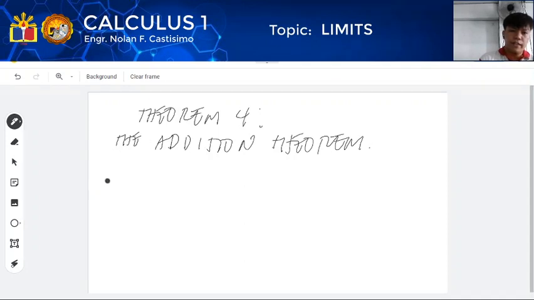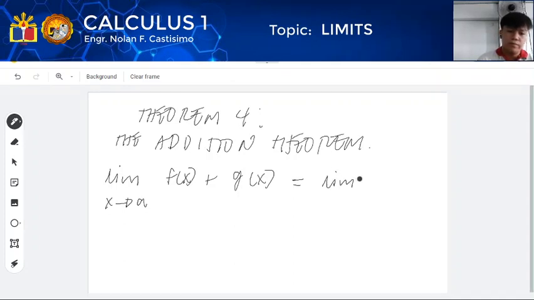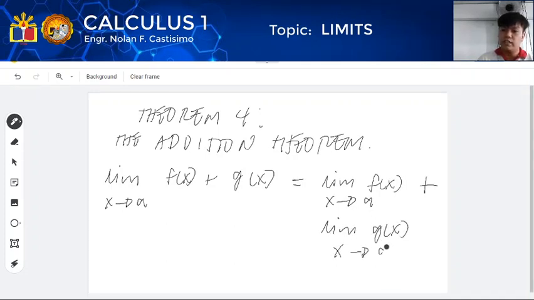So, formula natin, the limit of f of x plus g of x as x approaches a is equivalent to the limit of f of x as x approaches a plus the limit of g of x as x approaches a.